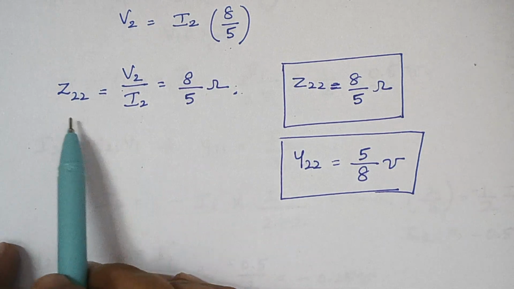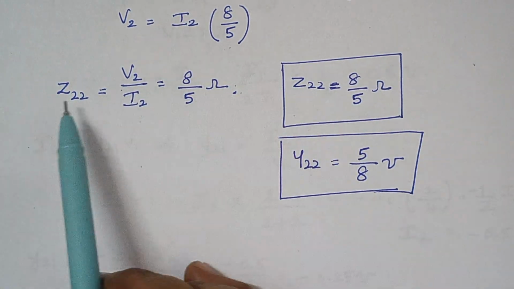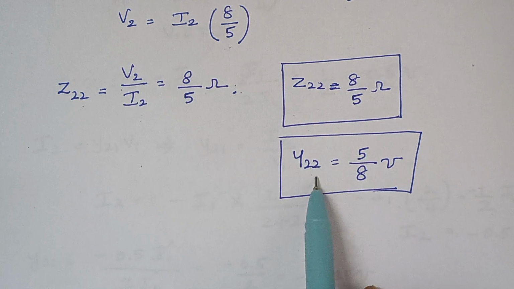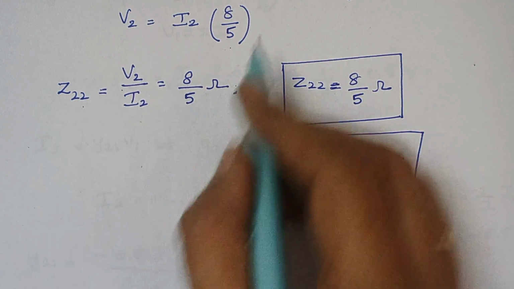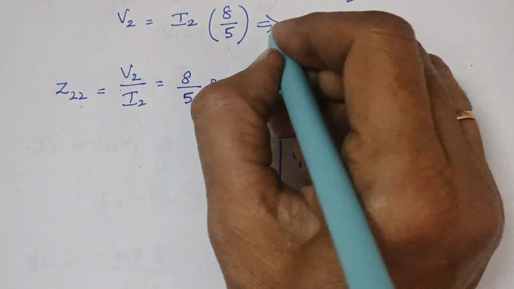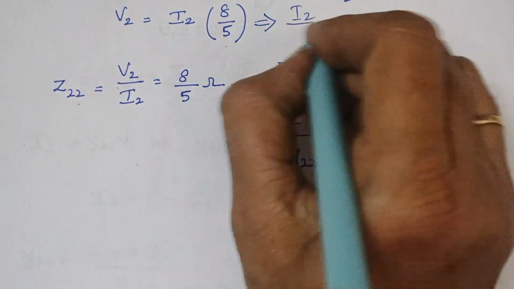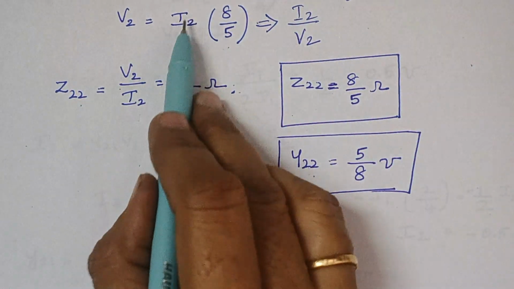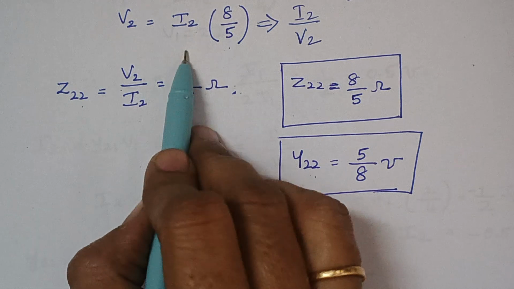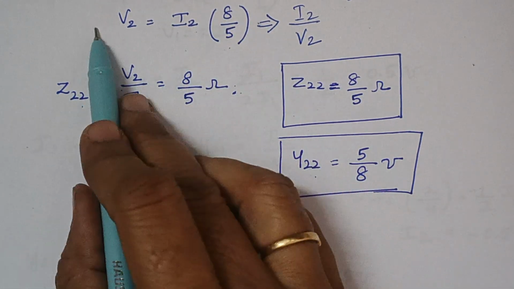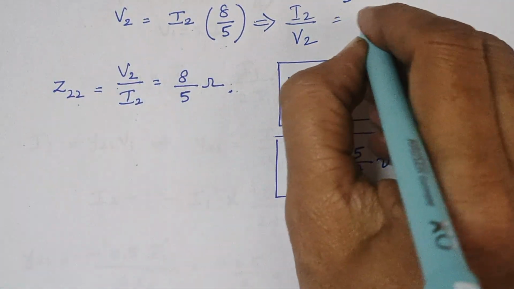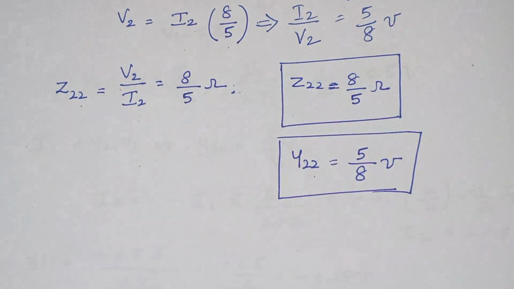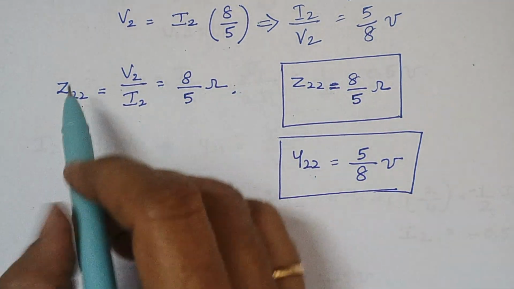Unknowingly I calculated the impedance, then took the reciprocal. You can directly go by this. We need the ratio of I2 by V2. So I move this V2 here, and move this 8 by 5 to the left hand side. Here it becomes 5 by 8 mho. You can do it directly, no need of the impedance and all.